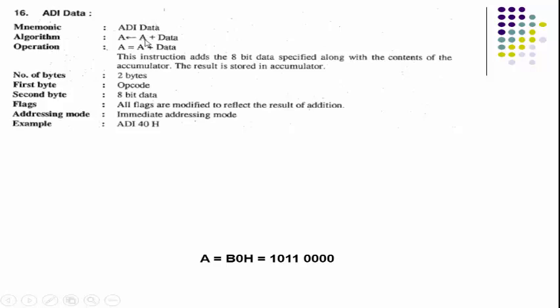Accumulator content plus immediate data get added, and the addition result you will get in the accumulator. After execution the accumulator content gets modified with the addition result. Size of the instruction is 2 bytes, 1 byte for the opcode for this ADI instruction, and another 1 byte for the 8-bit immediate data. 8-bit means 1 byte.